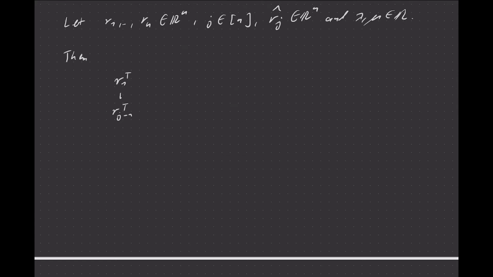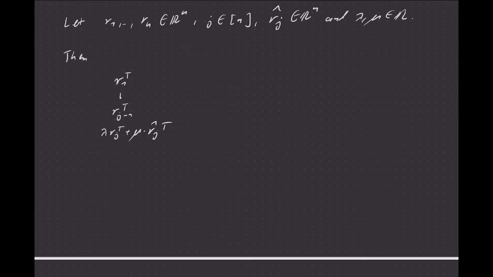And then let's say the jth row. That looks a little different. That is composed of two vectors, or more precisely, the jth row is a linear combination of two vectors. More precisely, it's lambda times Rj transposed plus mu times Rj hat transposed.